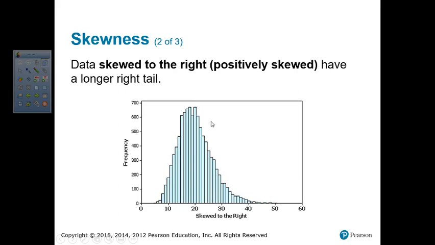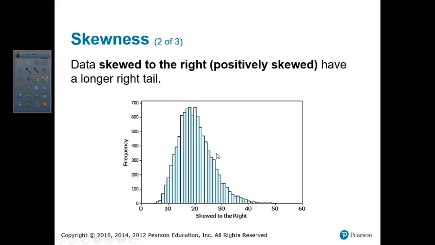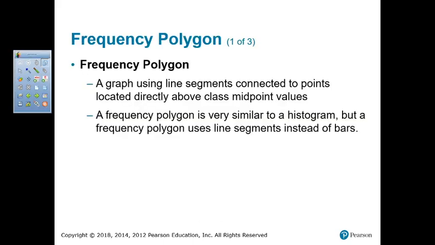The mean of the data is greater than most of them, or it's negatively skewed where the mean is less than most of the data. All right, so that is an example of how a histogram can help you. There are some other uses of histograms, but we're not going to go into that right now. What we're going to do is practice drawing a histogram from a frequency distribution.